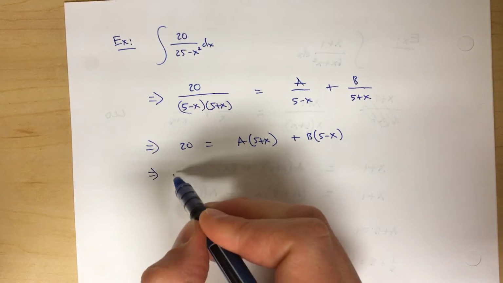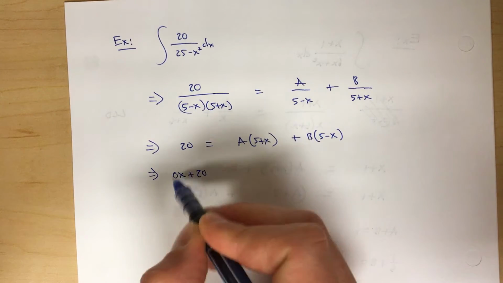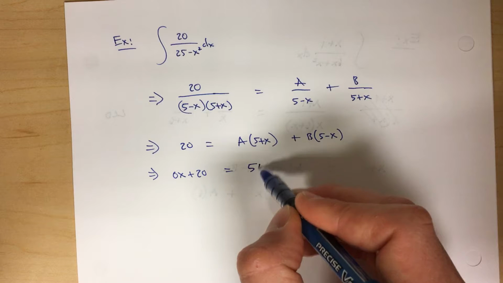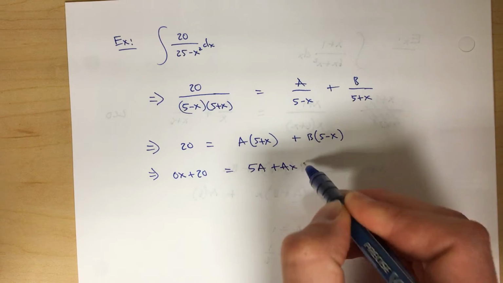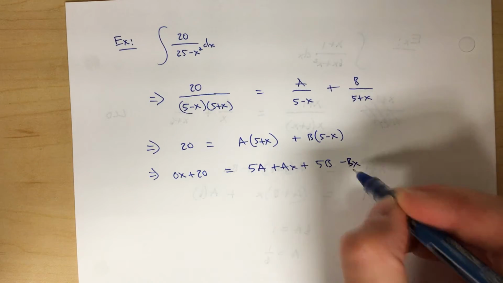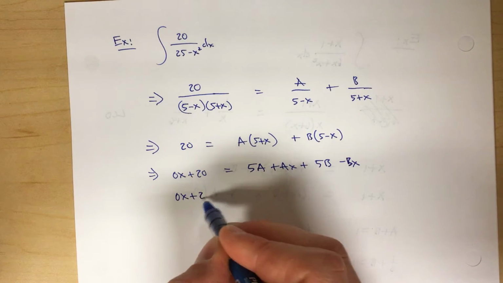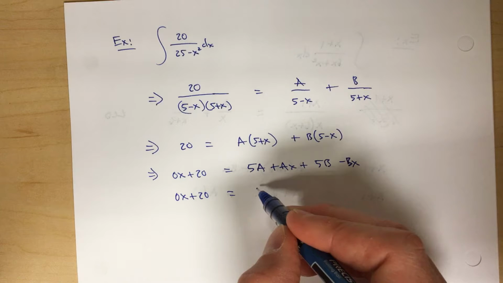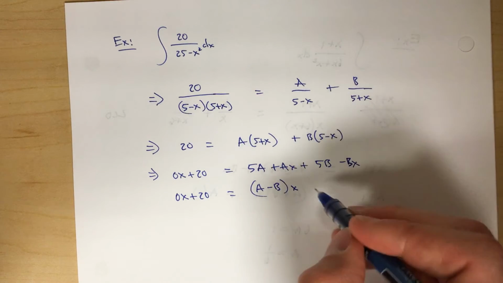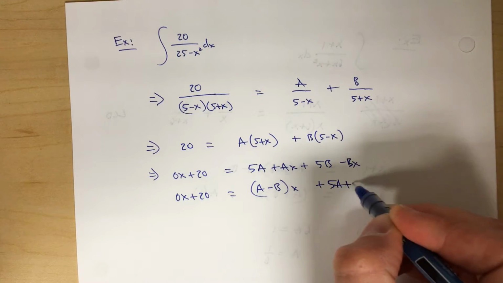And this is going to then tell me that 0x plus 20, because remember I technically have a 0x there, is equal to 5 times a plus a times x plus 5 times b minus b times x. So 0x plus 20 equals (a minus b) times x plus 5a plus 5b.